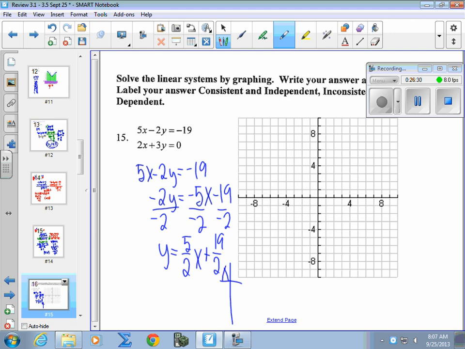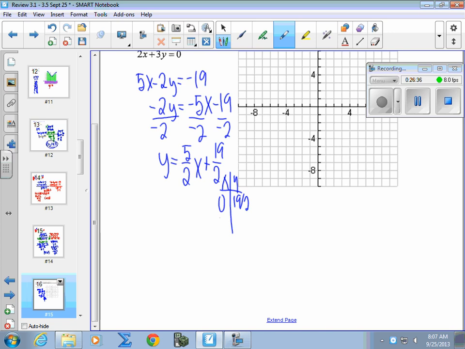So we plug in 0, we get 19 halves. We plug in 1, we get 24 halves, or 12. And we plug in negative 1, we get 14 halves. Is that what I got on my answer sheet?